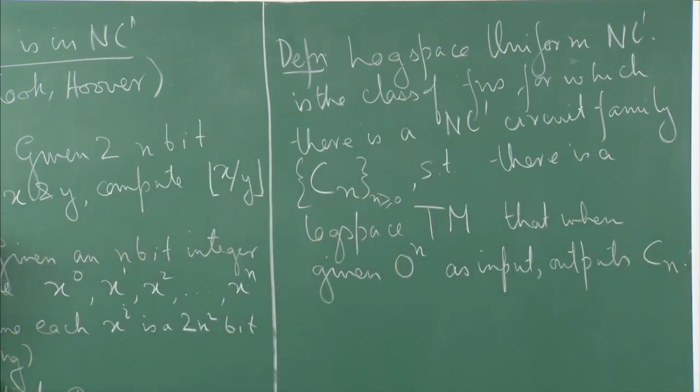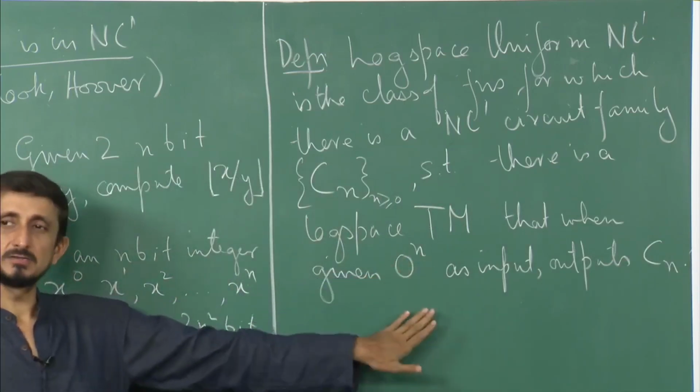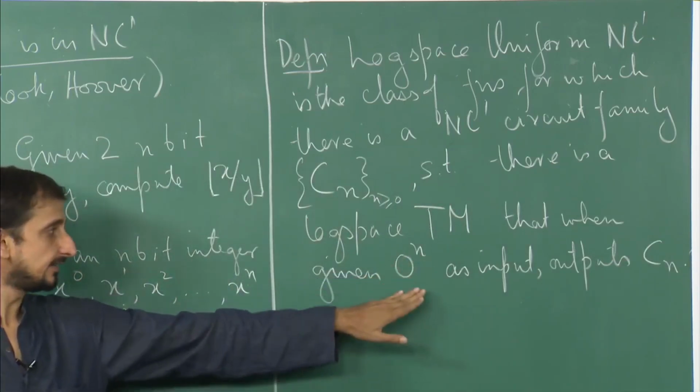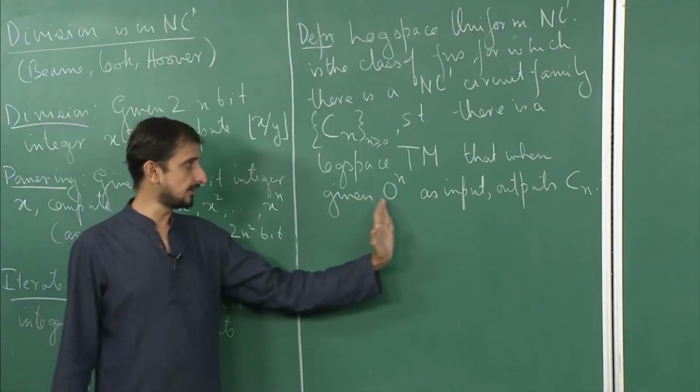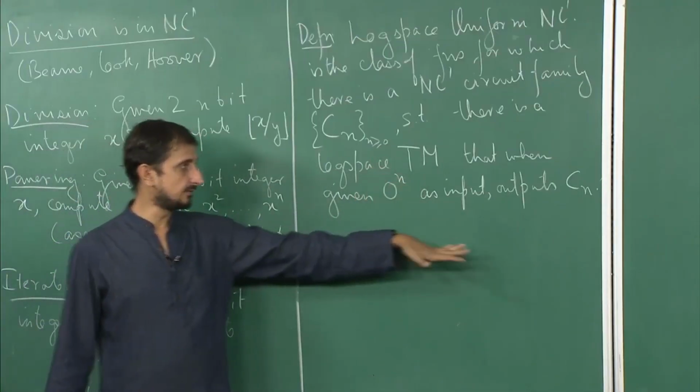If you are given n as input in unary, and this is actually important, n is not given in binary, this log space Turing machine outputs Cn.